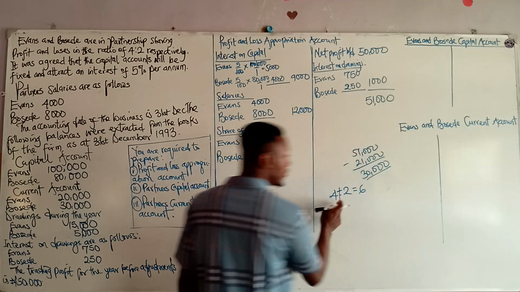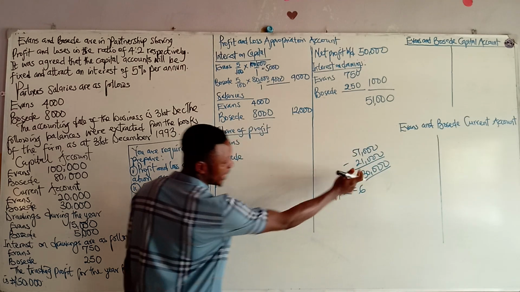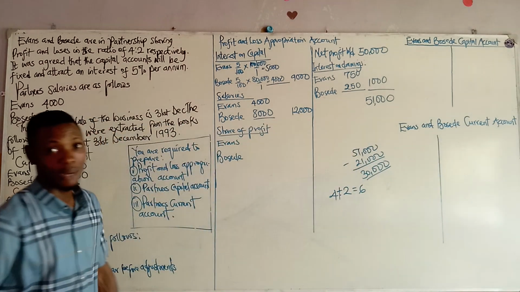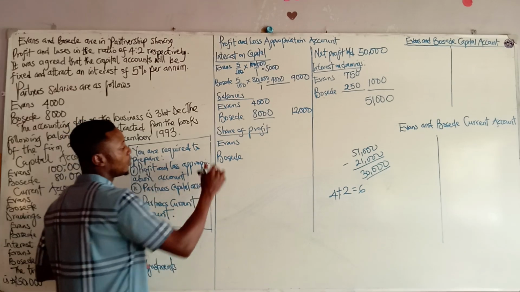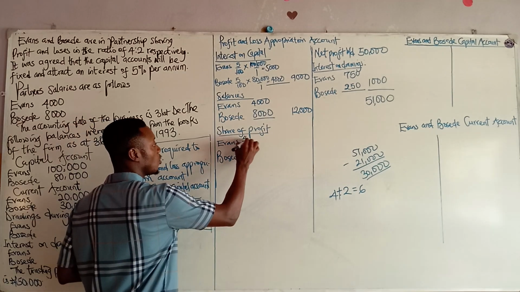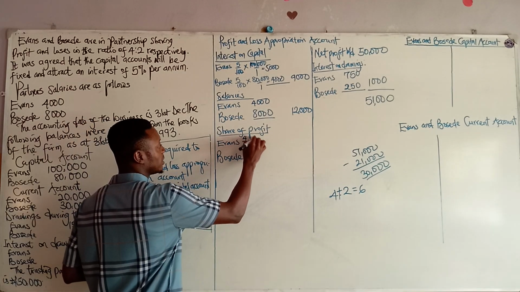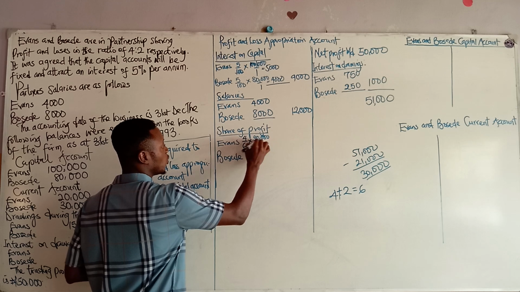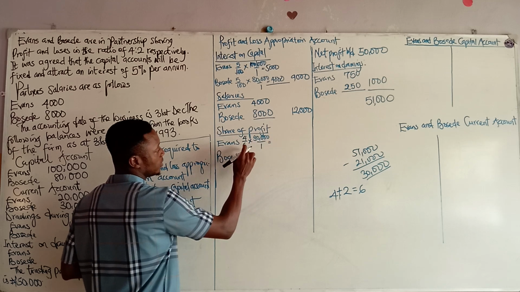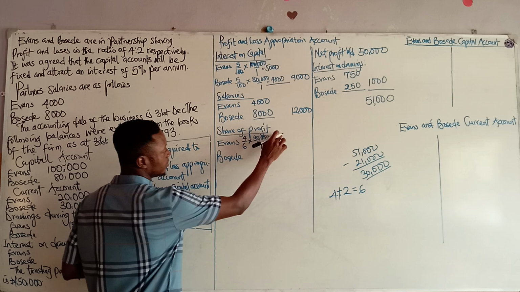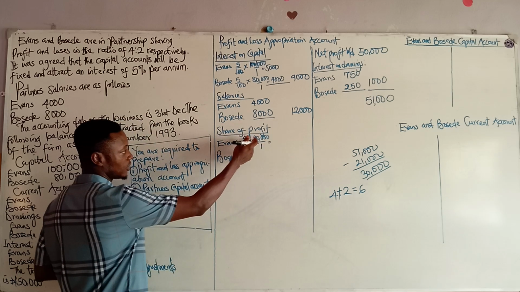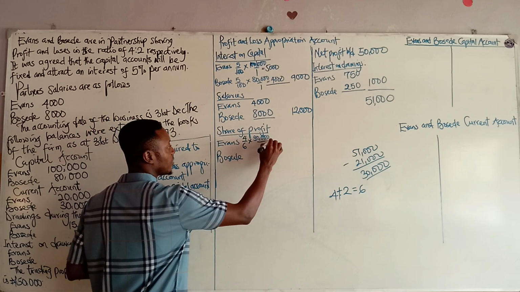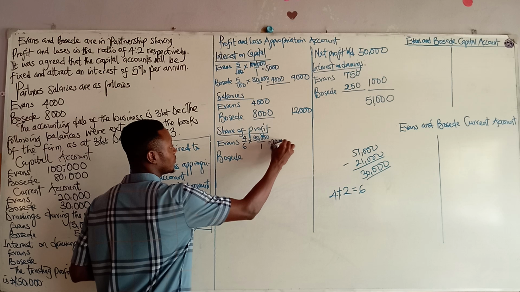Evans will take 4/6 multiplied by the profit in order to determine his share, or his take-home of the profit. So I have 4/6 multiplied by 30,000 over 1. Now 6 goes into 30,000 five thousand times, so 5,000 multiplied by 4 is 20,000.